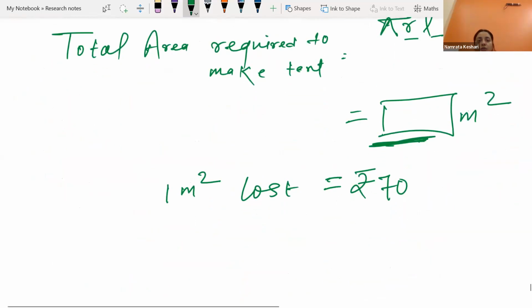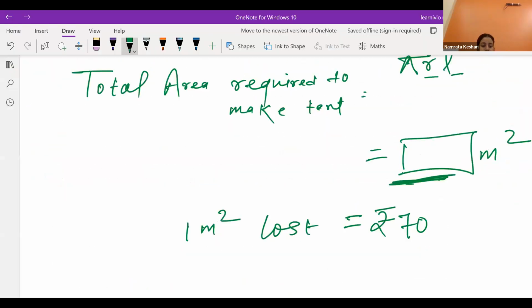Yes, please tell me what are you getting? This is the curved surface area we were having, right?